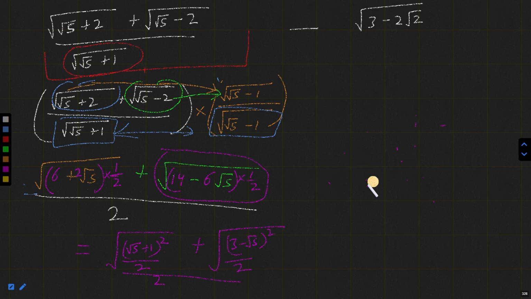So I can easily remove the square root. Why? Because of the law: the square root of a square is a.